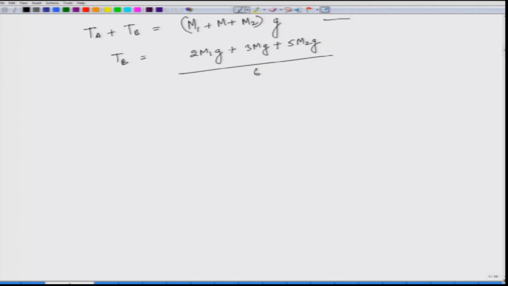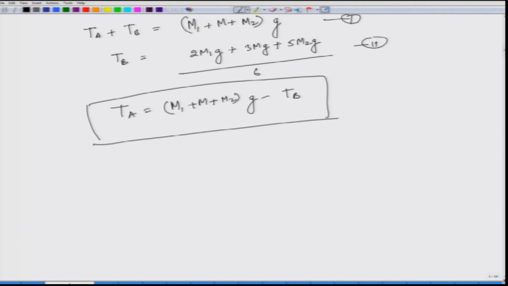So, from 1 and 2, Ta is (m1 plus m plus m2) into g minus Tb. It is a straightforward calculation, we can do it very easily.